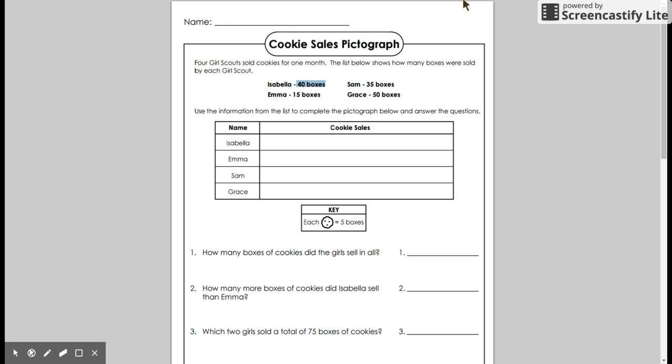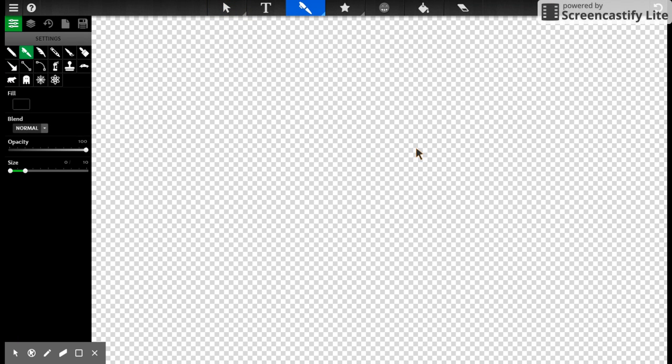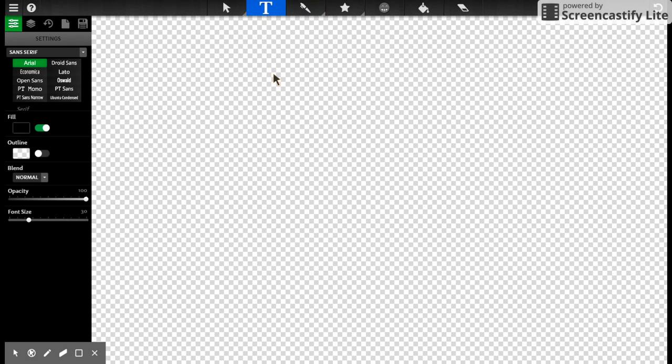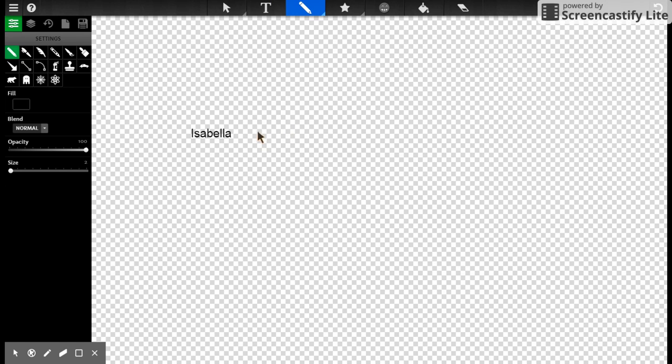What I need to do here is, if Isabella sold 40 boxes, let me write her name real fast so we remember who we're working with. She sold 40 boxes. So I would draw however many circles I needed, and I know each circle equals 5.